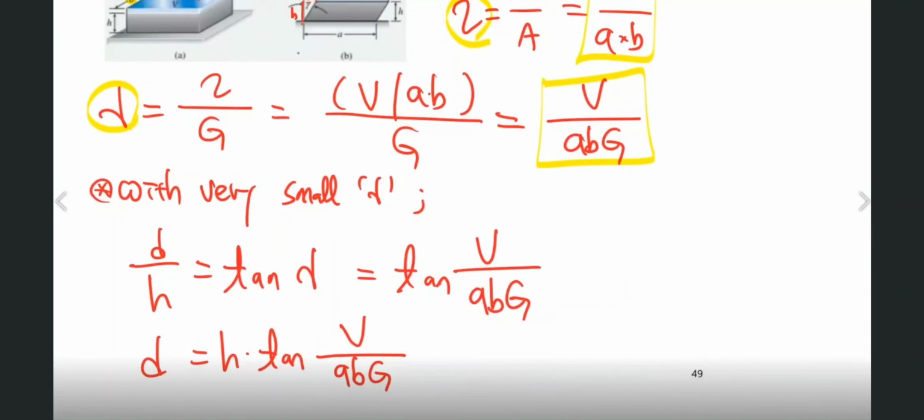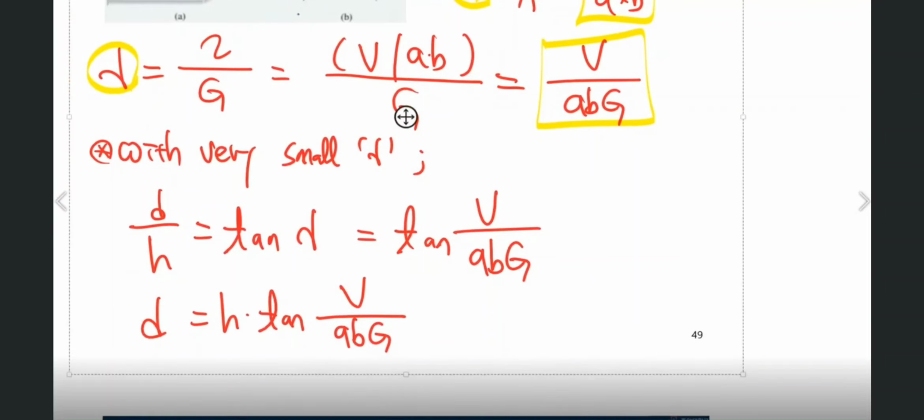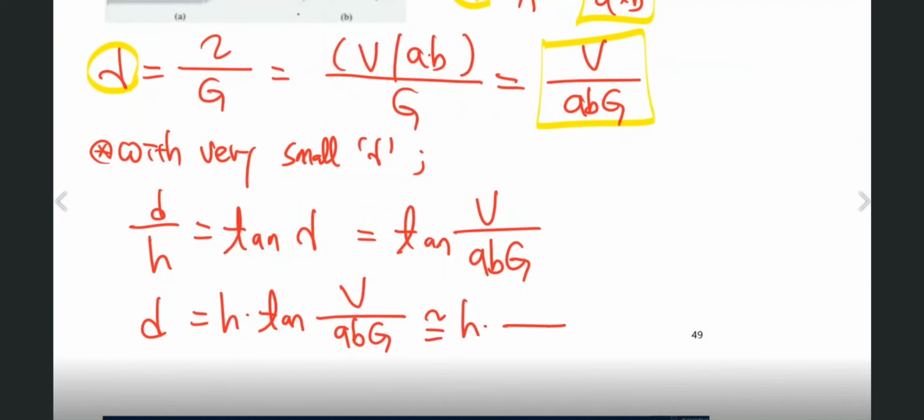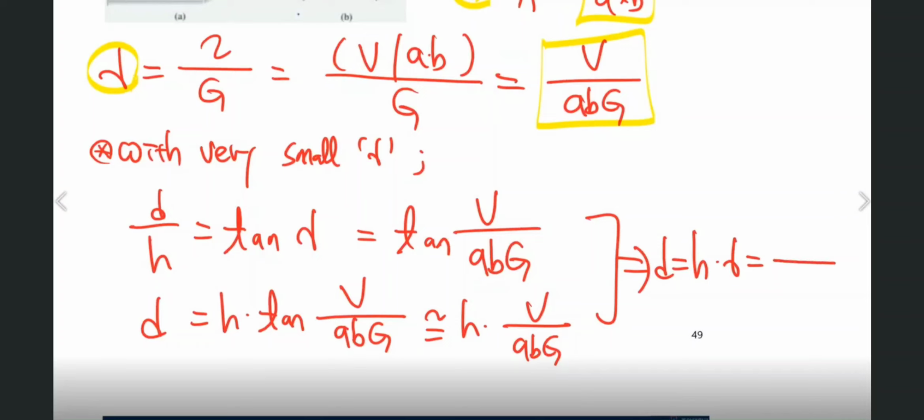And we know that the tangent of V over ABG is approximately equal to V over ABG in case of very small deformation, right? So using this relation, we can define that D is equal to H gamma, and this should be H times V over ABG.